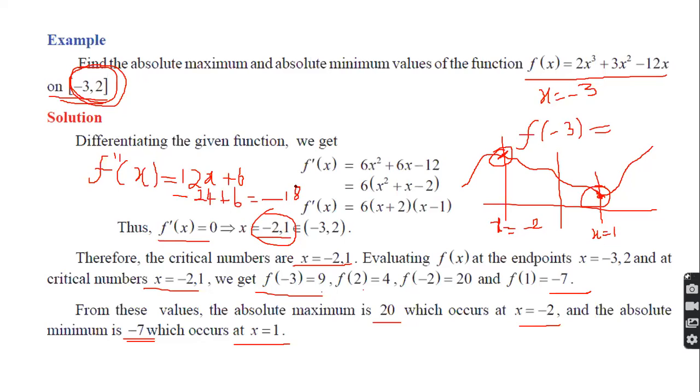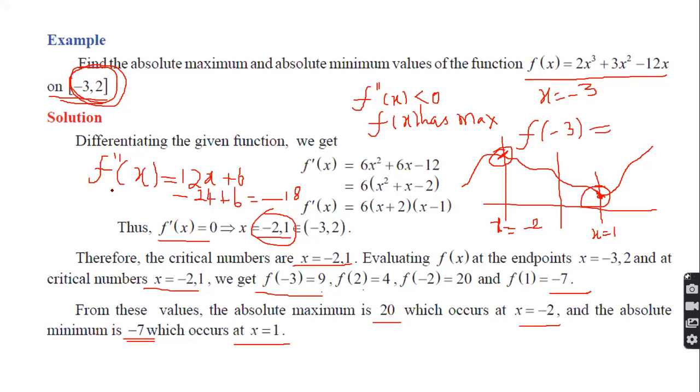Listen, if f dash of x equal to 0 and f double dash of x is less than 0, then f of x has a maximum at the point.